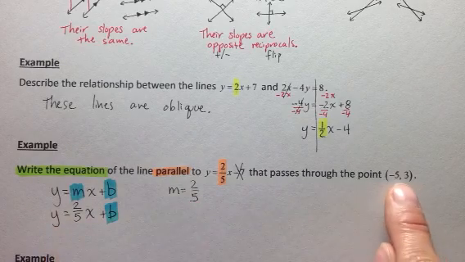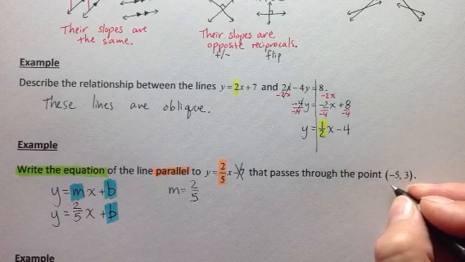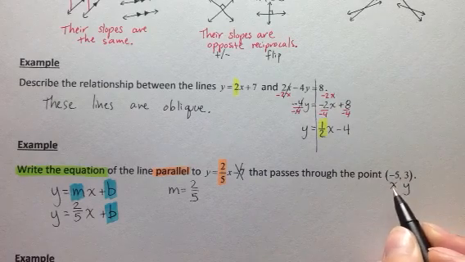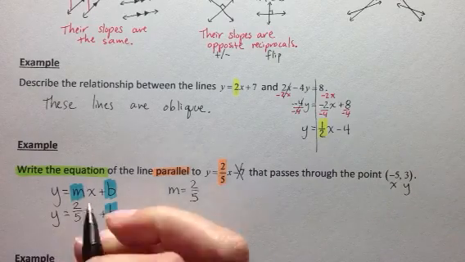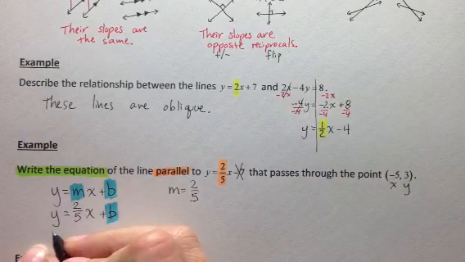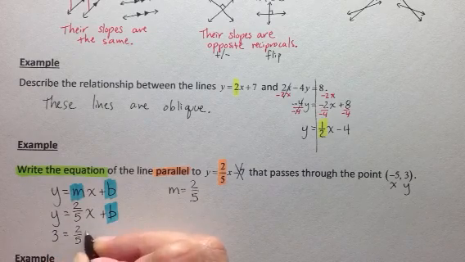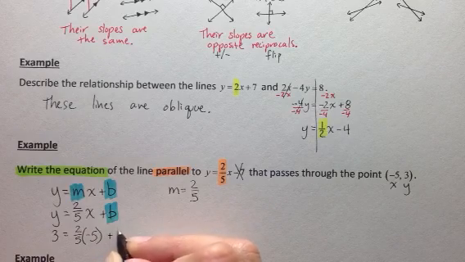So if I want to find b, I have the slope already plugged in. Well, I have an x and y. If they gave me a coordinate, they're giving me a point on the line where x is -5 and y is 3. So if I substitute those in here, my y is 3 equals 2/5 times x is -5 plus b.